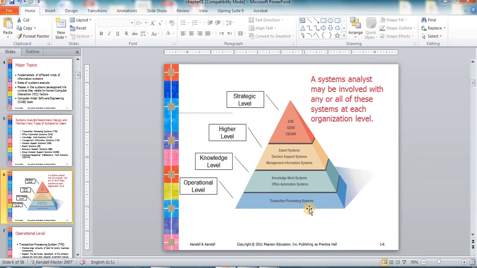For example, at the bottom level, you might expect the software that will be used here, which is usually called transaction processing software or system, to be very detailed, containing the very specific details about how the operation of the company will be executed between the employees of the company and the clients of the company. So it will contain very specific details related to the activities done in the company.